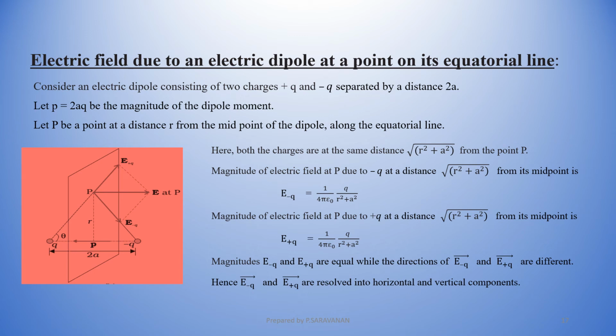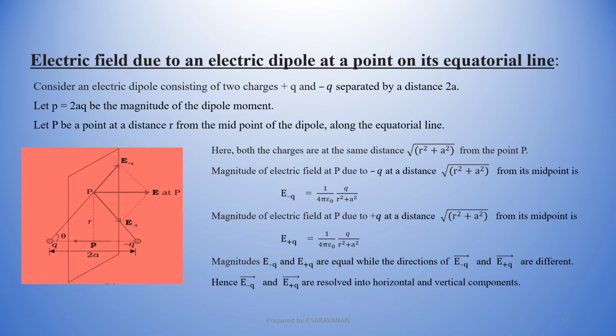Similarly, the magnitude of the electric field at point P due to +q, at a distance square root of r square plus a square from its midpoint, is E_+q equal to 1 by 4 pi epsilon naught into q by (r square plus a square). This is also in scalar form.